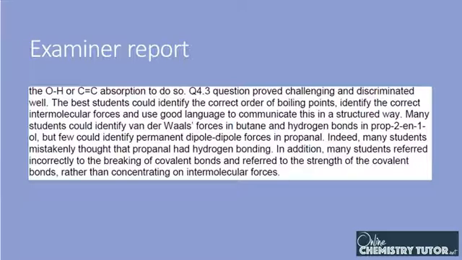It tested whether students can identify the correct order of boiling points, identify the correct intermolecular forces, and use good language to communicate this in a structured way. Many students could identify van der Waals forces in butane, yes, and hydrogen bonds in propene-1-ol. You could identify permanent dipole forces in propanol. Indeed, many students mistakenly called that propanol hydrogen bonding.